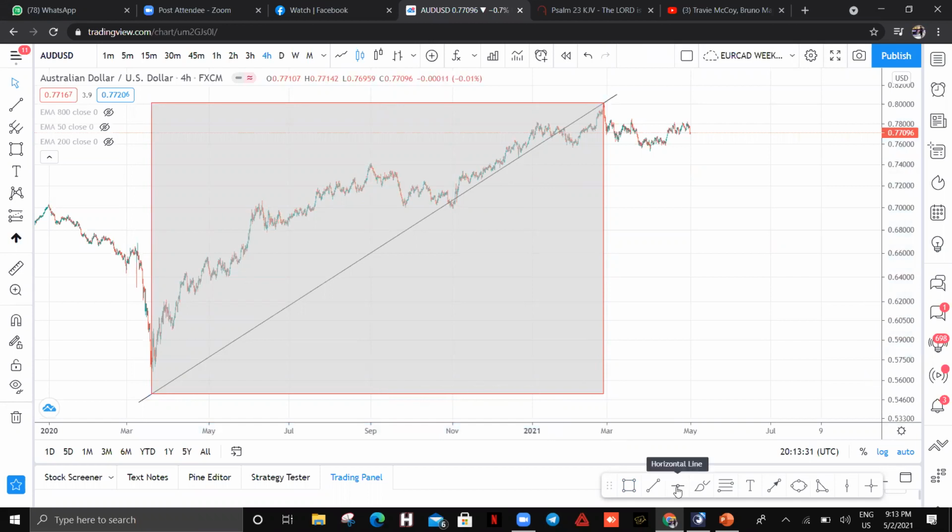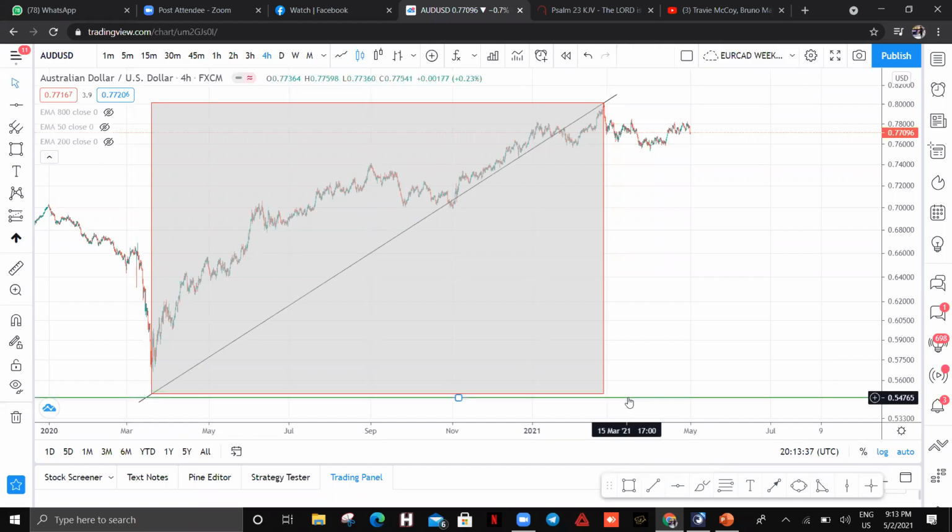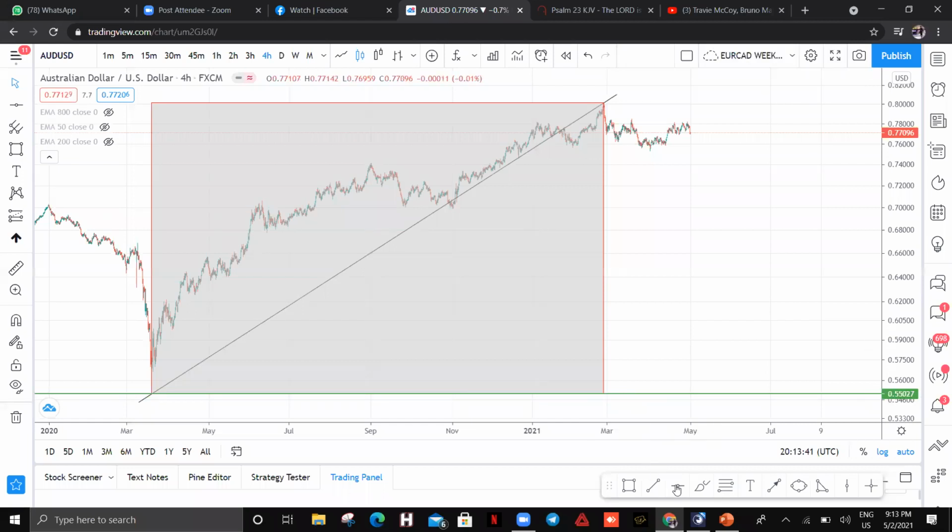And you use your horizontal line to identify your support, which is at the bottom of the rectangle. And you pick your horizontal line to identify your resistance, which is the ceiling. Just like if you're in your house now, if you look up, you'll see your ceiling, and if you look down, you see your floor.